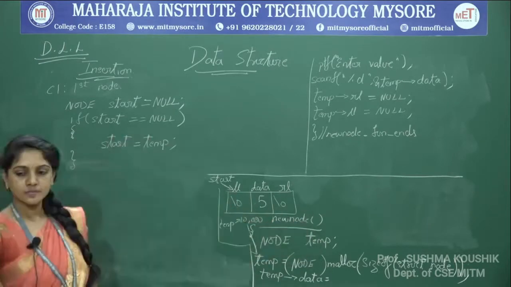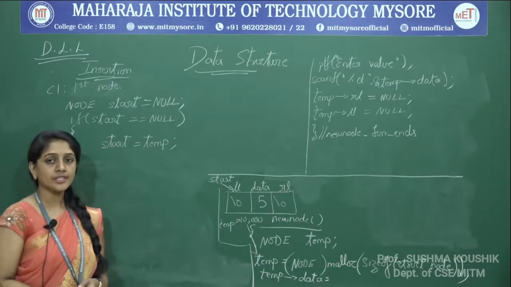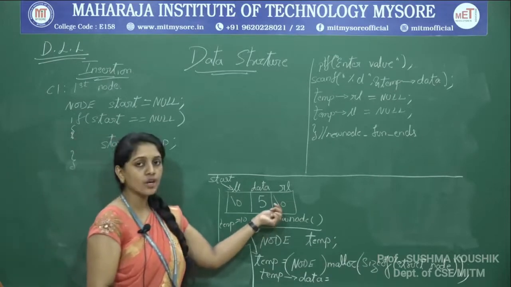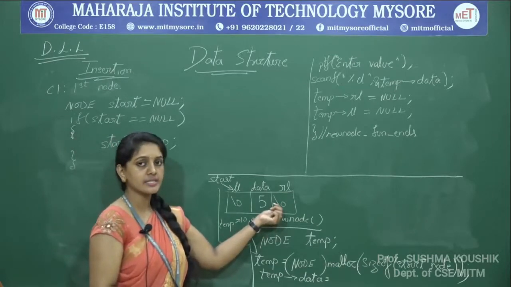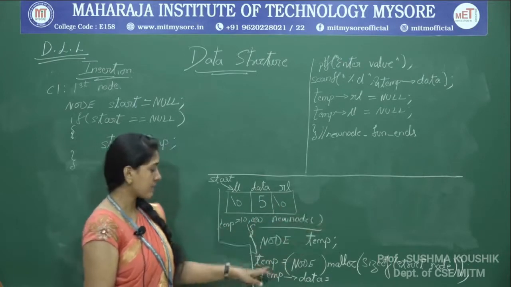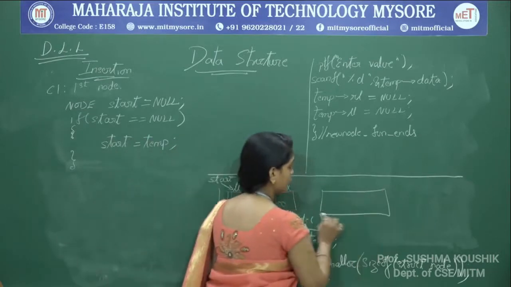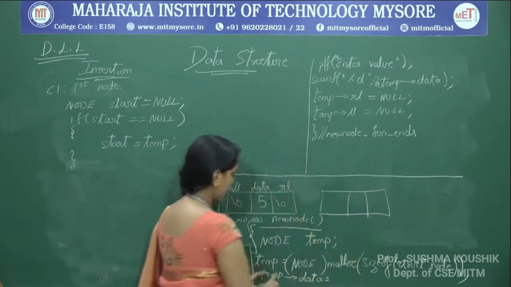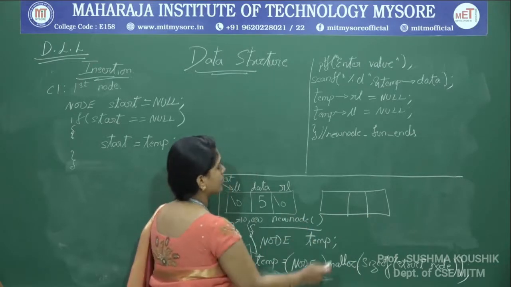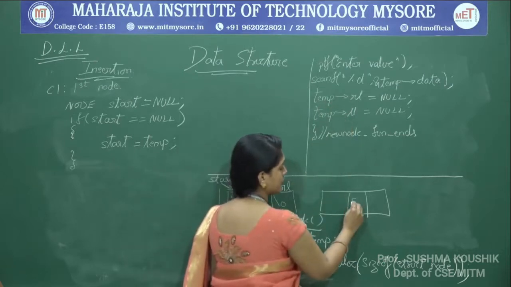How do I proceed? How do I get to know where I have to insert it? When I get that RL of that particular node is null, then I will know I can insert over there. So the next time when I call this, temp has given me one new node, and it will demand temp of data. So we are reading temp of data over here, and it will enter for us 55.